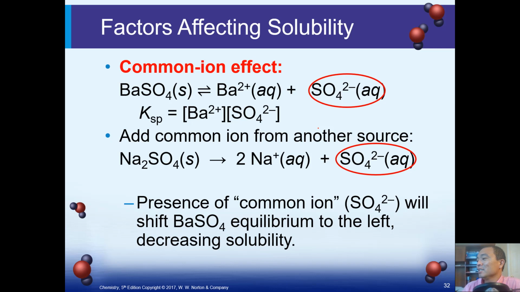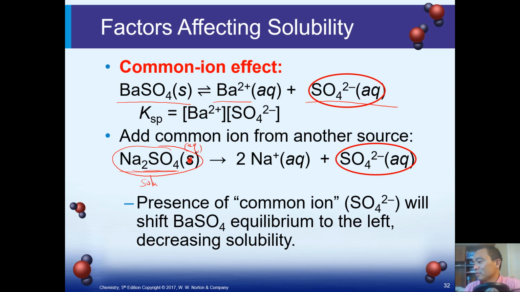For example, if you have barium sulfate, which is an insoluble salt, you dissolve it in water, it generates barium ion and sulfate ion. But if you add some sulfate into it by, for example, dissolving some sodium sulfate into it, remember, sodium sulfate is a soluble salt. So here it should be aq.